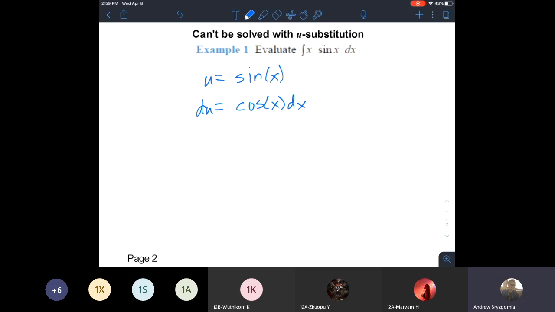Still can't really do anything. We could turn this into arc sine of u equals x, but that's not making this easier at all. That's just turning into a different form that's probably worse than what we started with. So what we're going to do is use this process called integration by parts, and that will then allow us to integrate.